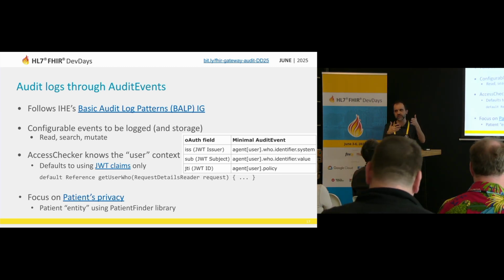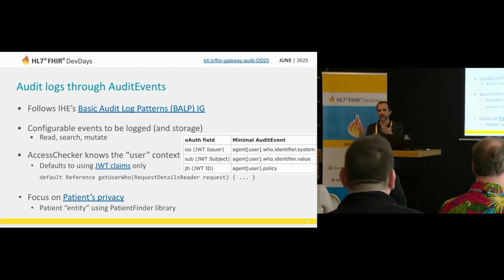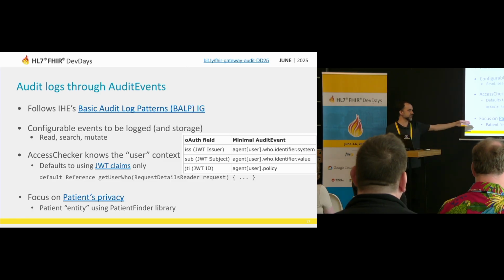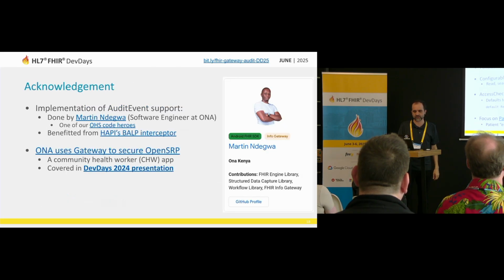If you think about it, it's very natural, because if you want to answer the question of who accessed data about this patient, you can just search all of those references. So it's a recommended thing, and it's fairly simple for us to implement. Like I said in the previous slide, we have libraries to decide the patient compartment boundaries of requests and the resources that are written. That's why we can implement that easily, and that's offered for free.